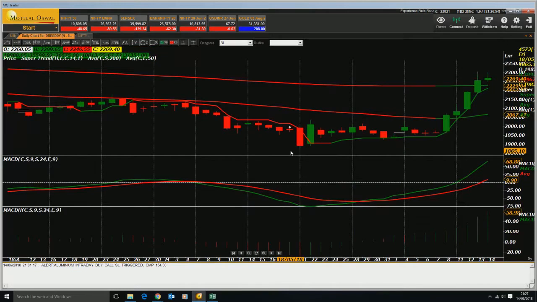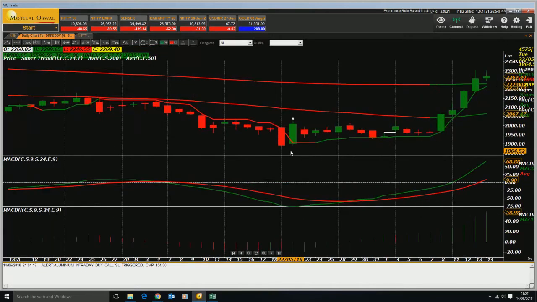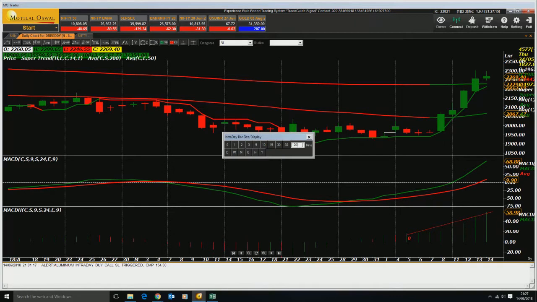Dr. Reddy on a daily time frame is in a very good uptrend. It is also supported by the MACD crossover, and it is also supported by the MACD histogram. Right? So on my major time frame, Dr. Reddy is a buy. Now let's see on my execution time frame.